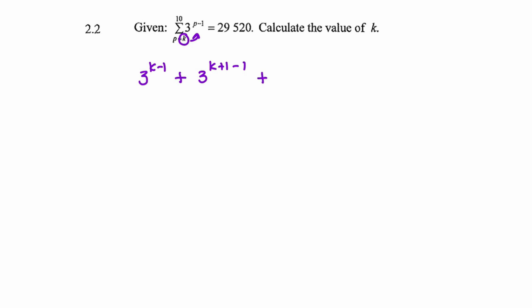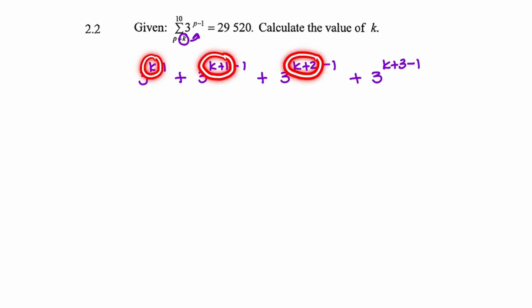So the third term we'll have 3 to the power of k plus 2 minus 1. And our fourth term would be 3 to the power of k plus 3 minus 1. So can you see, every time that I replace k, for the next term I simply add 1. And this continues all the way up until our last term of 10.